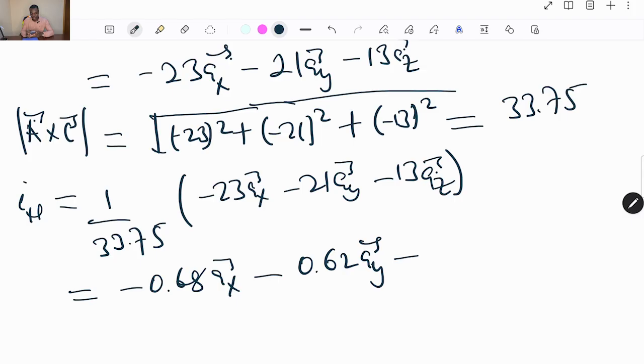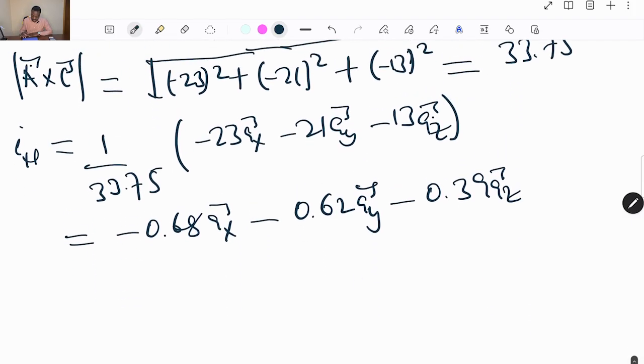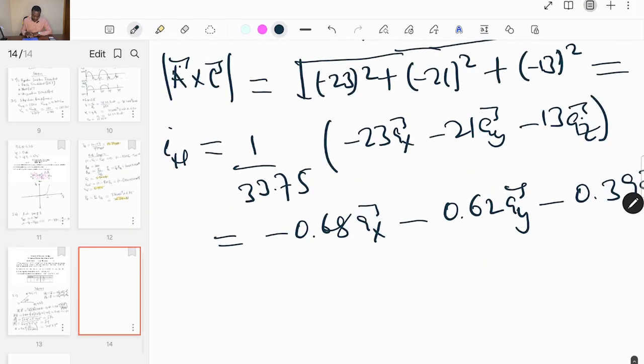Then the last one, we have minus 13 divided by 33.75. We get minus 0.39 along the z-axis. So this becomes the solution for part I.